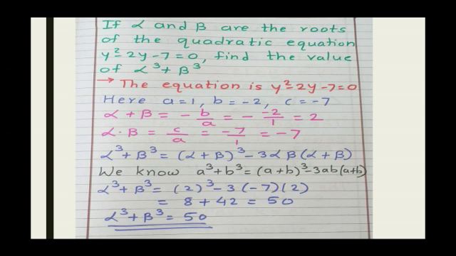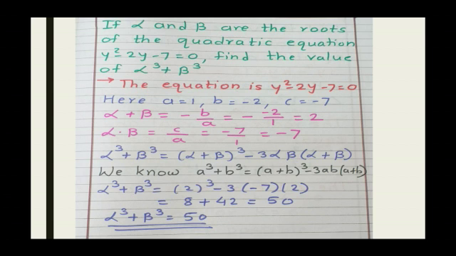We have to find the value of alpha cube plus beta cube. Therefore, alpha cube plus beta cube is equal to alpha plus beta bracket cube minus 3 alpha beta in bracket alpha plus beta. As we know the identity, a cube plus b cube is equal to a plus b bracket cube minus 3ab in bracket a plus b.